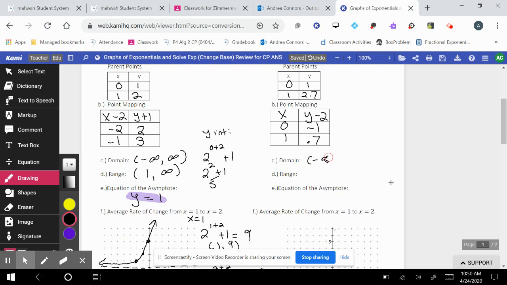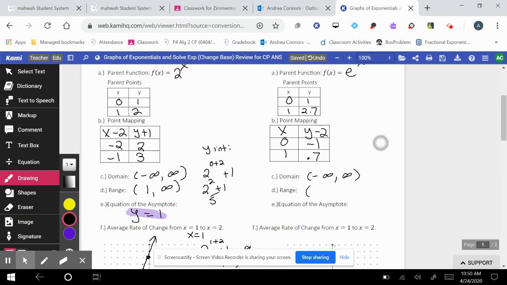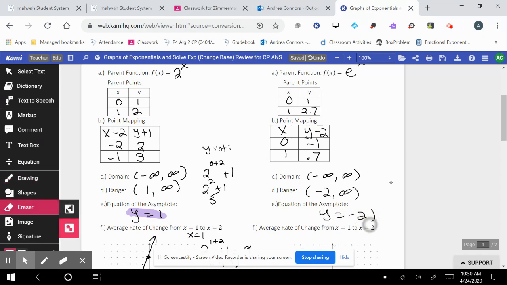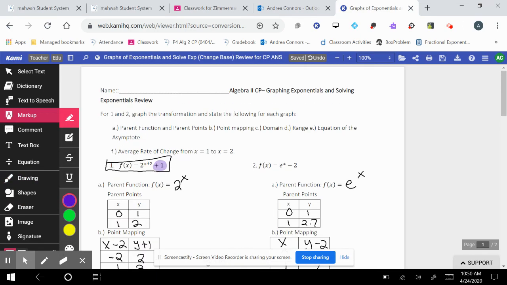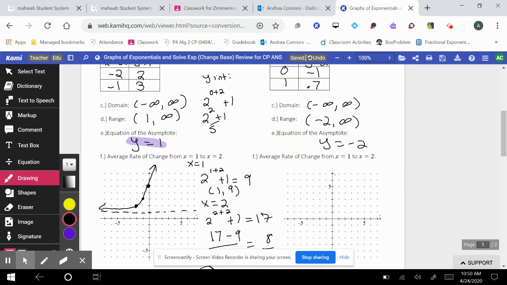Domain is negative infinity to positive infinity, and your range is going to be negative 2 to infinity. And your asymptote again is y equals negative 2. And again, it's that number on the outside right here. So I have y equals negative 2.